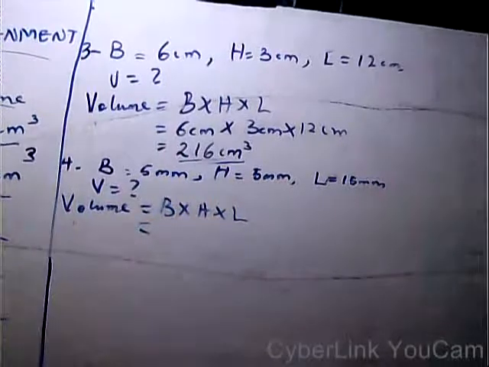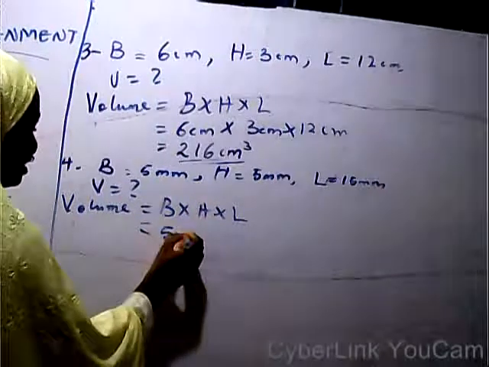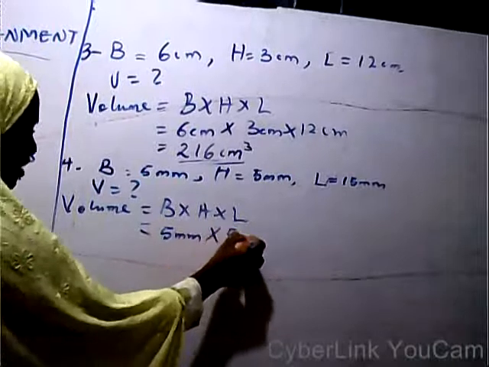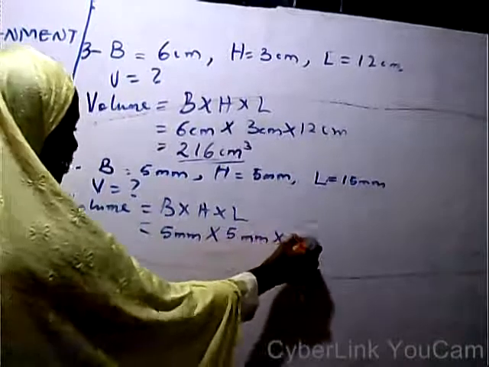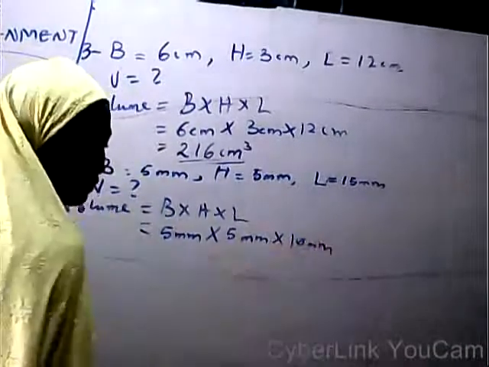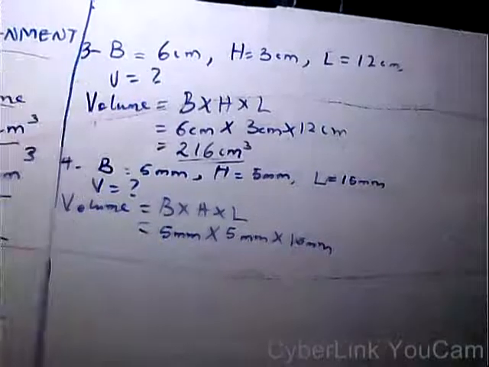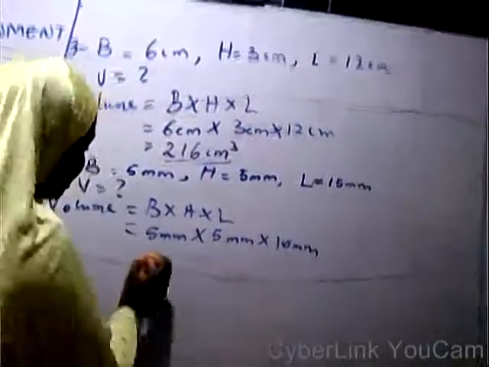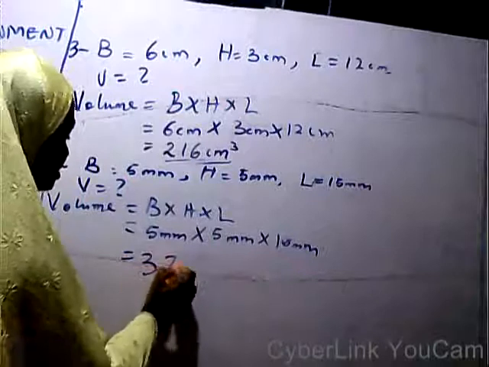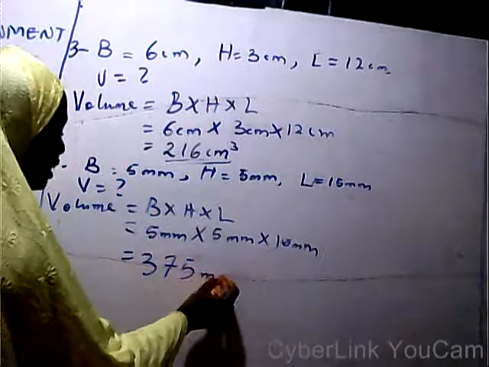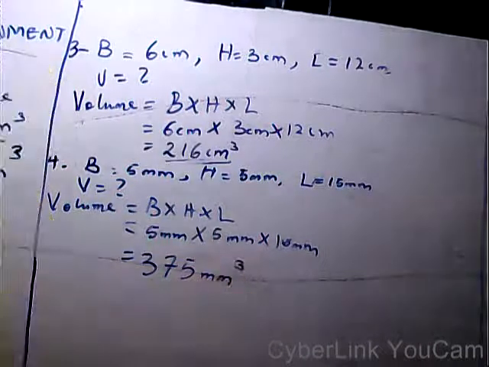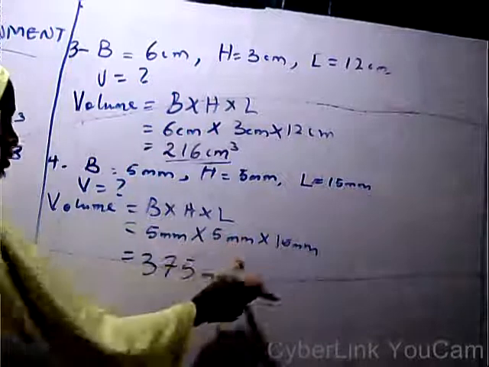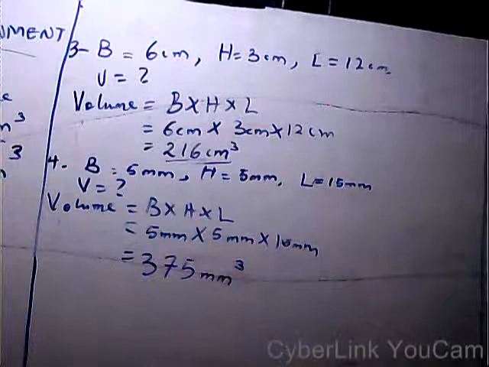That is 5 millimeter multiplied by 5 millimeter multiplied by 15 millimeter. If you punch your calculator, you are going to get 375 millimeter cube. Millimeter cube. 1, 2, 3. Your cube. Don't forget. I hope it's clear to you.